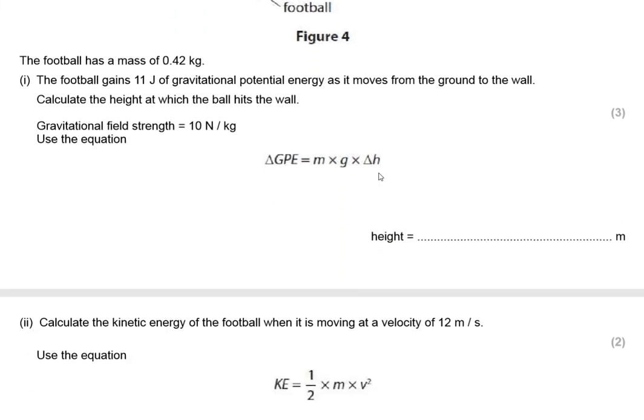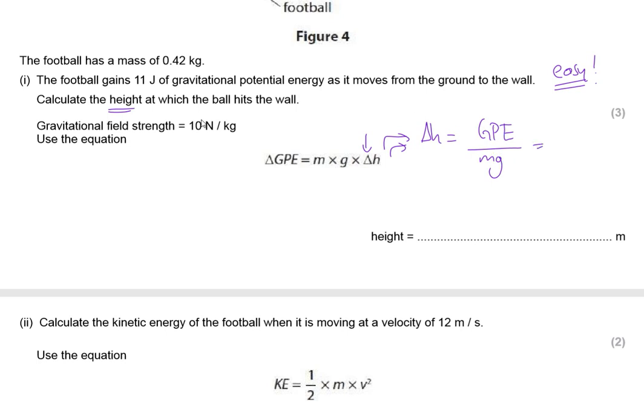Okay, so now this is an easy question. The equation is given to you. You just need to use it. You're looking for height here. So you just rearrange. So you have height equal to GPE over mass times gravity.